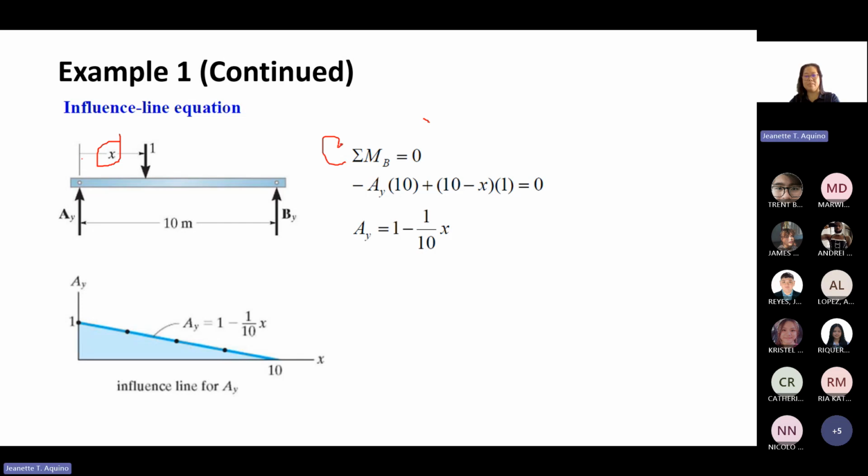That's why we have negative AY times 10 plus, the distance of the point load from reaction B, which is 10 minus X, times 1. So your influence line equation will be this.